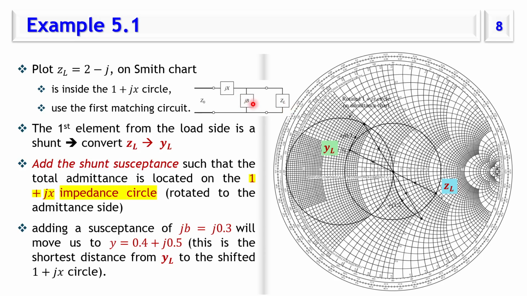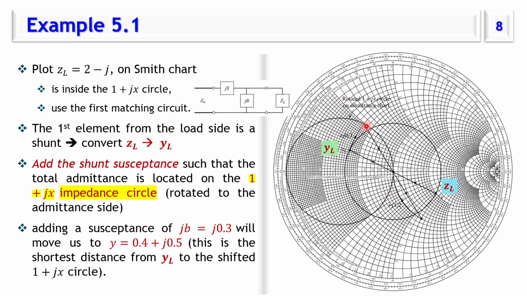These are two elements in parallel, so it's better to work on admittance. That's why we convert from Z to Y. We add those two elements together on Y. The condition we want is Z equal to 1 plus something, so it must be a place on this circle, which is the map for this circle.